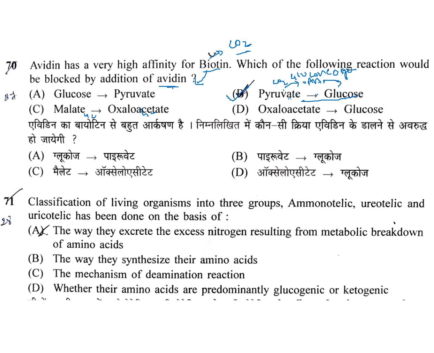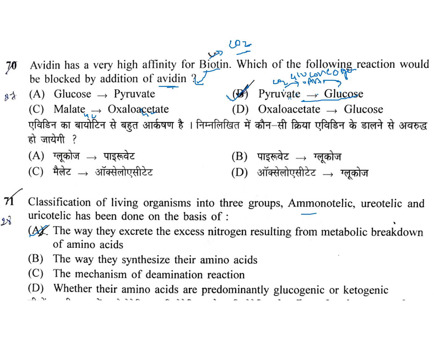Now, the classification of living organisms into three groups, ammonotelic, ureotelic, or uricotelic, has been done on the basis of what? The options are the way they synthesize their amino acids, the mechanism of the deamination reaction, whether the amino acids are predominantly glucogenic or ketogenic, and the right option is A, the way they excrete the excess nitrogen resulting from the metabolic breakdown of amino acids. Everyone knows that ammonia is toxic. Aquatic animals have no shortage of water, so they liberate ammonia.